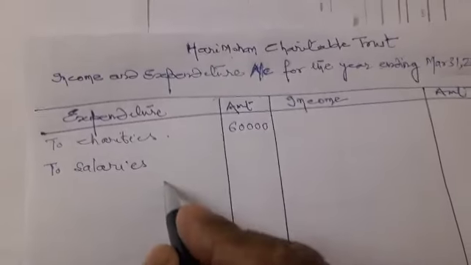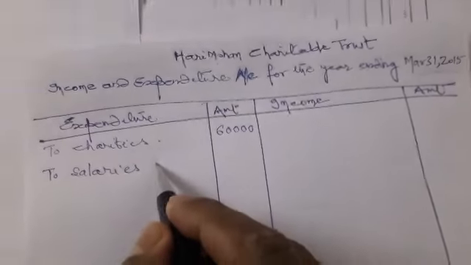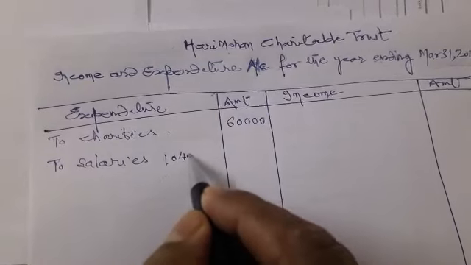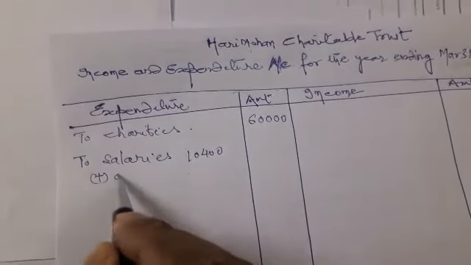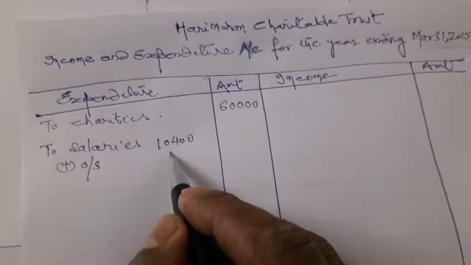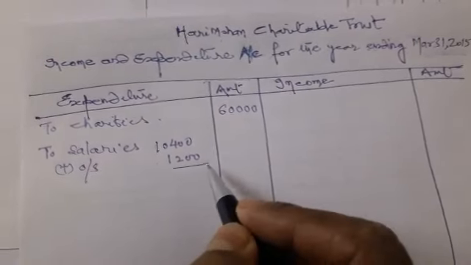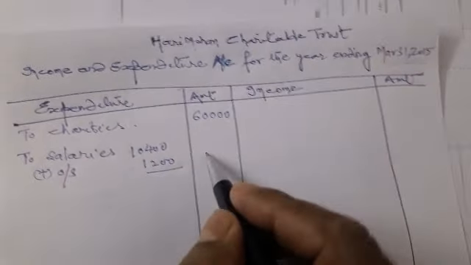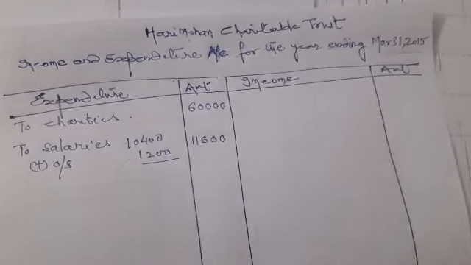Because it is for the current year, it will be included in the income and expenditure account. Salaries paid is 10,400 plus outstanding for the current year 1,200 rupees. Total 11,600 rupees.